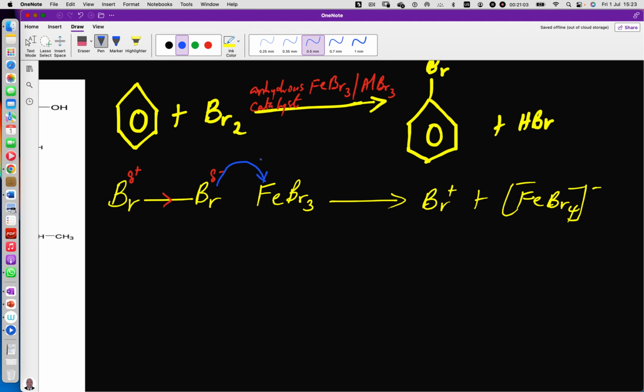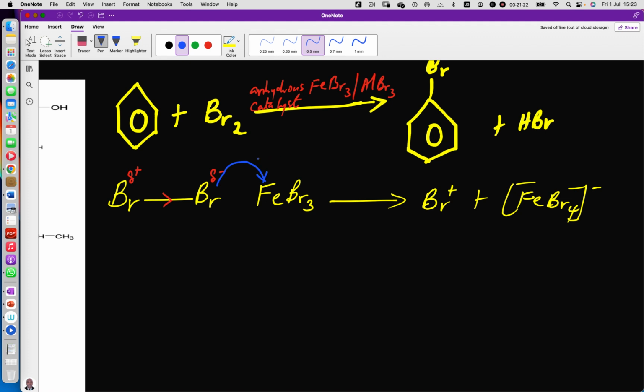At the end of the day, the hydrogen atom that is there will escape, releasing the bonding electrons it had into the ring and restoring the ring.